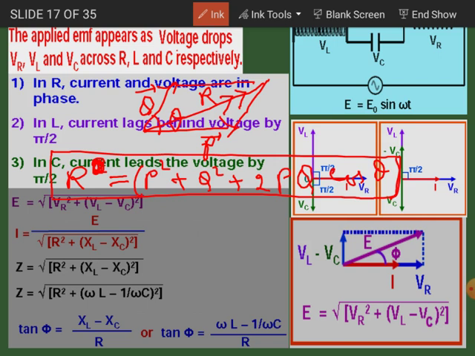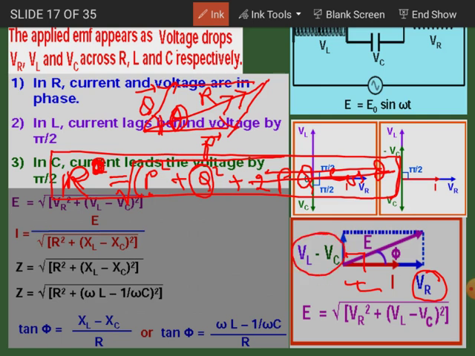But in our case, what happened? This angle theta is 90 degrees here. So if you put cosine of 90 degrees, then this part will go to 0. So no need of putting this one. If you want to find the magnitude r, then you need to take the square root of this. That is what I am having here. You can take P as VR, and Q as VL minus Vc.